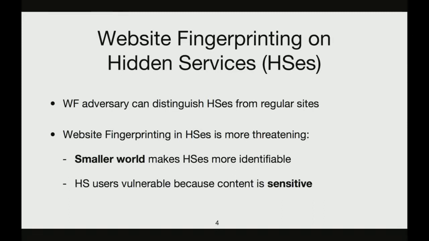So this is very threatening for website fingerprinting in hidden services because an adversary that wants to fingerprint a hidden service can filter out all the visits to the other sites. And then the world becomes much smaller. There are many fewer hidden services, and they are thus potentially more identifiable. And on top of that, as I already said, they are more likely to host sensitive content.